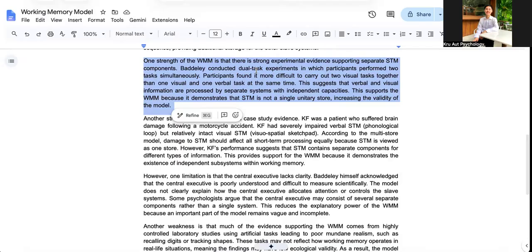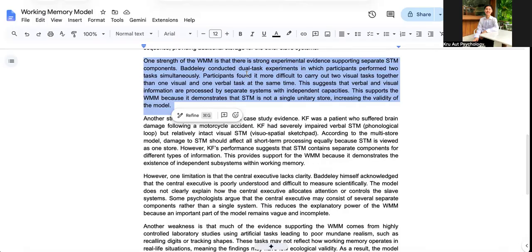Baddeley conducted dual task experiments. If you can't remember the name, you can simply say a supporting study conducted dual task experiments and found that da-da-da-da-da. We want to talk about what they did in their research, right? In which participants performed two tasks simultaneously. The idea of dual means two, and we want to say that they performed them simultaneously, or at the same time.